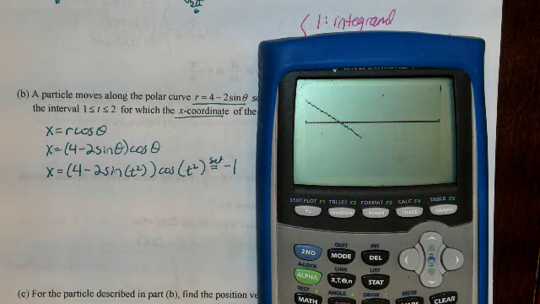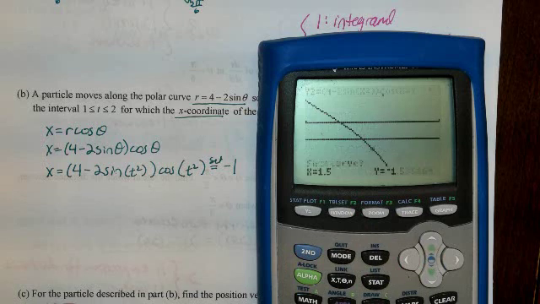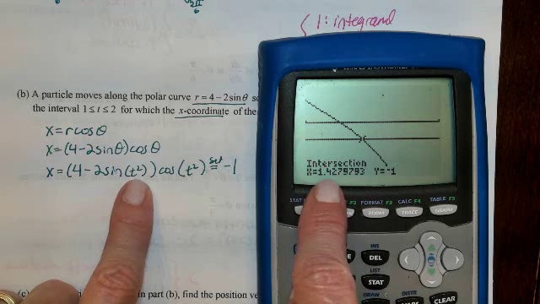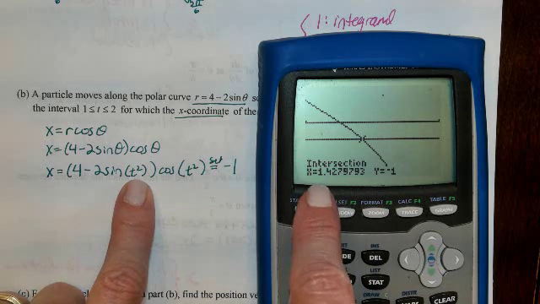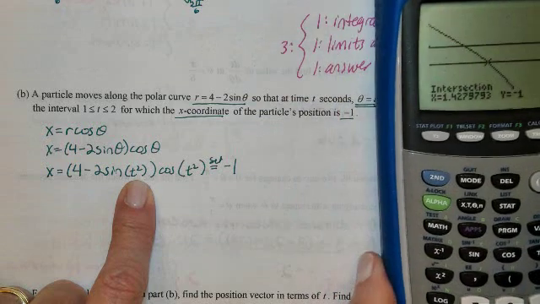And we're just looking where these two graphs intersect. So second calc 5, enter, enter, enter, and I'll get the intersection point there. They intersect at t equal, x is now my t, right? t is equal to 1.428 or 427.